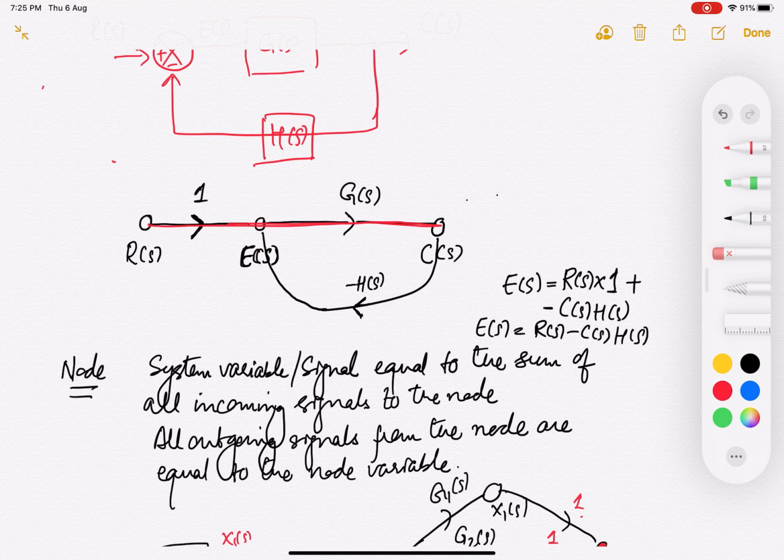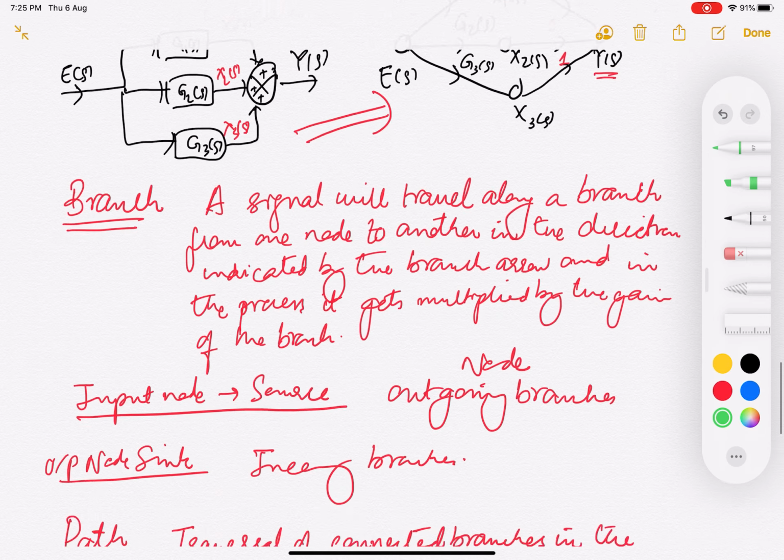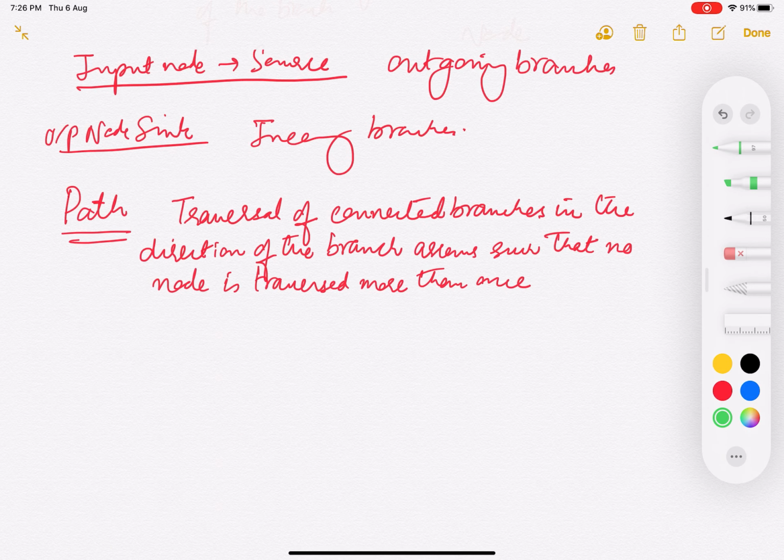But yes, this one would be an independent path. This is a forward path, and this is a reverse path. So there are two paths in this. So this is the definition of the path.